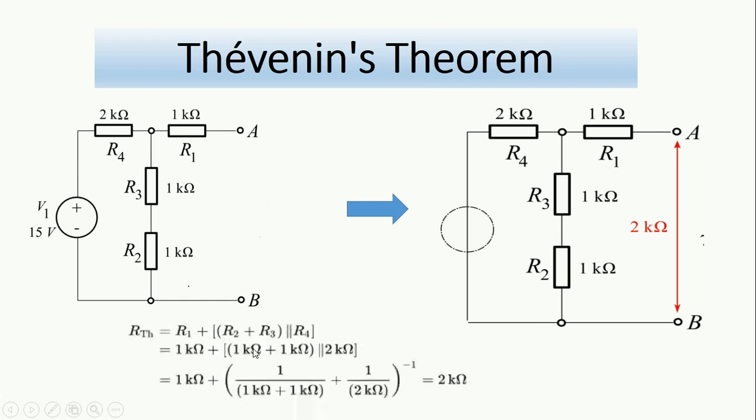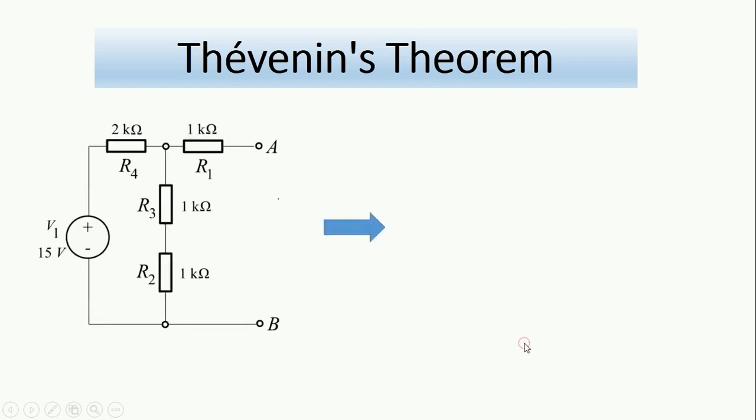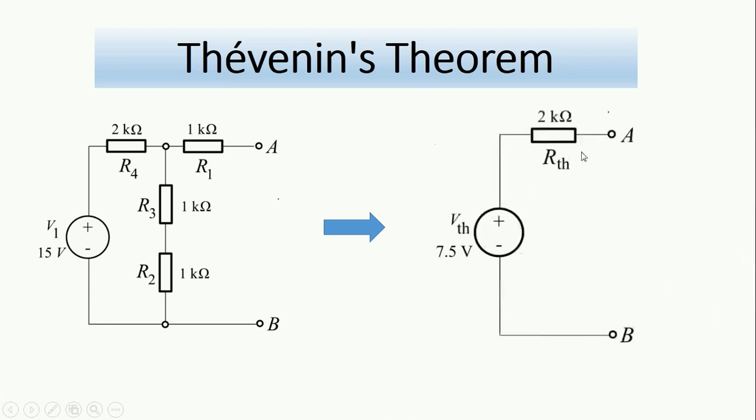As we mentioned, R2 and R3 are in series, parallel with R4, and altogether in series with R1, and we come to this value. This will be our Thevenin resistance. So now we have simplified this circuit into this very simple form. Thevenin voltage has been calculated, Thevenin resistance has been calculated.